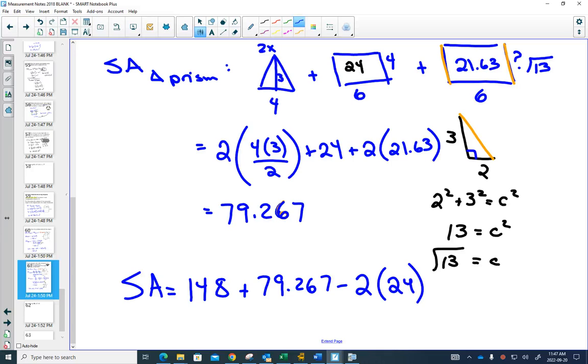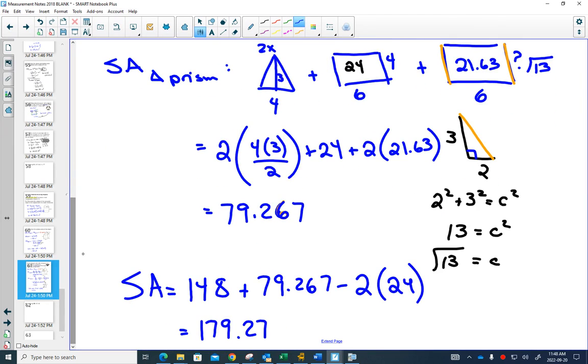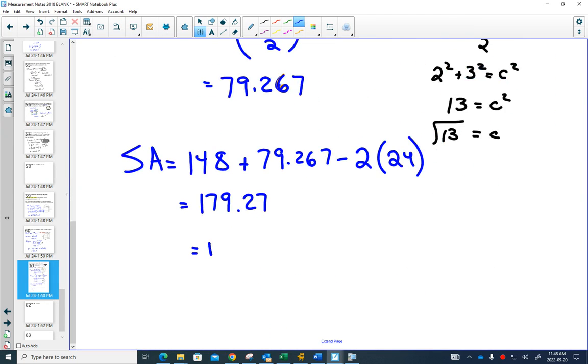Type this whole answer into our calculator. 179.27. I should reread my question. Nearest square foot would be 179 feet squared.